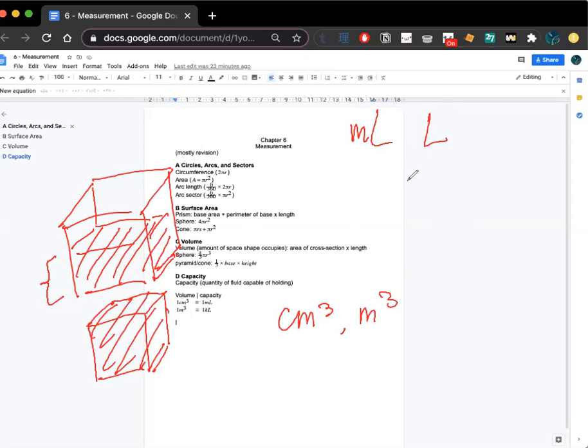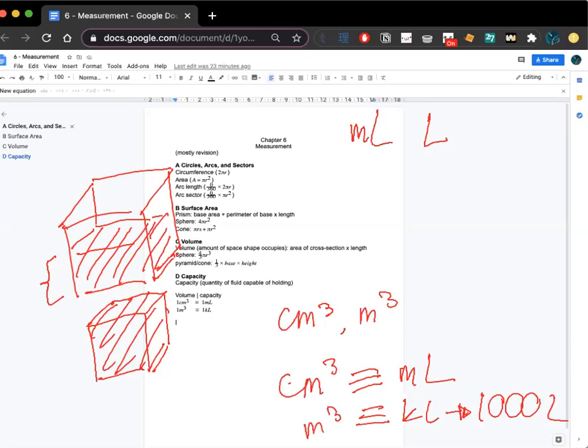And if you want to convert, 1 cm³ is equal to 1 milliliter, while 1 cubic meter is the equivalent of 1 kiloliter, or usually 1,000 liters. So that's pretty much it for all of these.